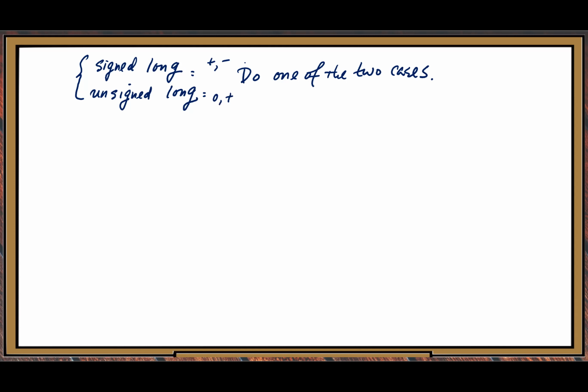When I do the experiment here, I use Java. C++ could be different. In Java, for the signed case, we can declare the long primitive data type, which means signed long.